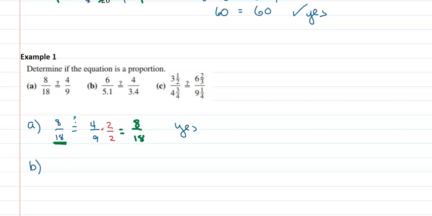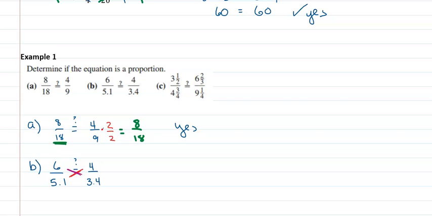Some of the fractions aren't nearly that simple, like this next one. So we've got 6 over 5.1. Is it equal to 4 over 3.4? So are those equal? So the easiest way to do these problems is to do the cross product. So I'm going to make one of them red, and I'm going to make the other one, we'll say purple.